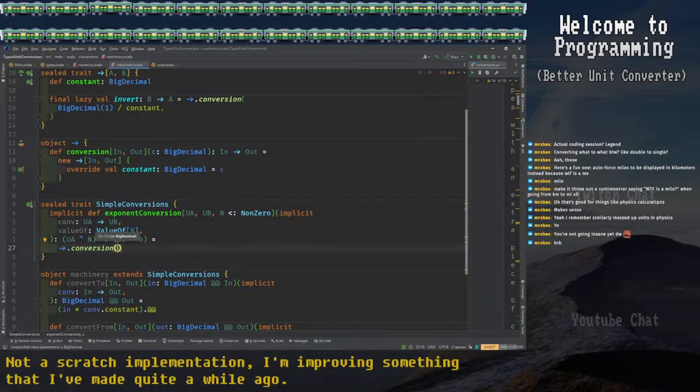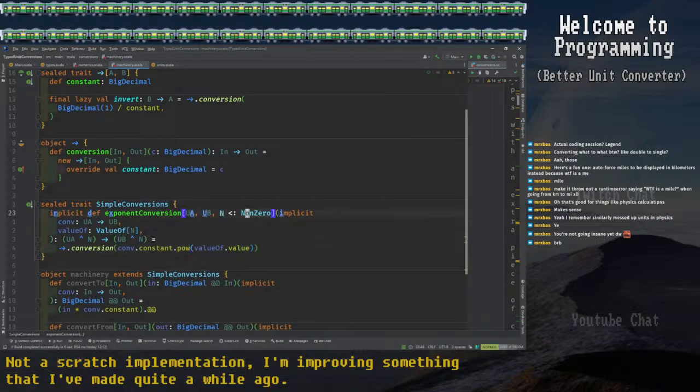I think the insanity has already come in just from the fact that I am working purely within the type system. I think the compiler hates me now. So I think I now just do conv dot constant. Is there an x pow? What's the method called? Okay, it is pow. Value of dot value, yes.